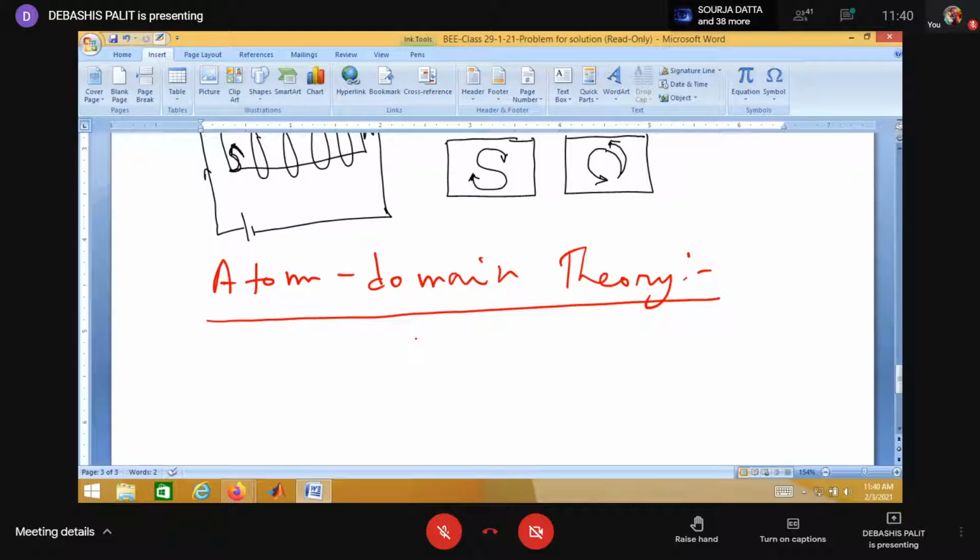So each and every electron of any atom has some orbital motion, and also has some motion on its own axis. The orbital motion is the motion of the electron around its nucleus, and it can flow in different paths or different orbits.